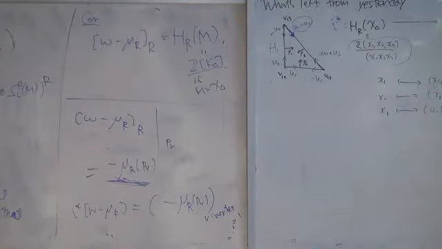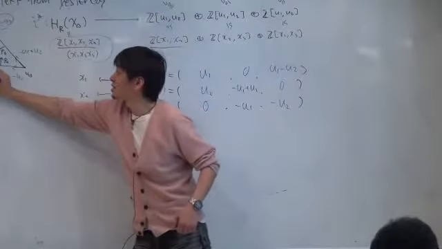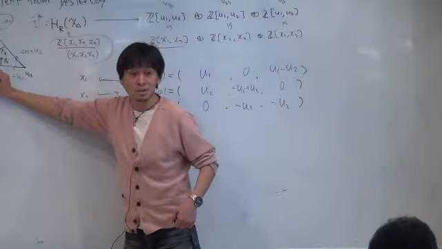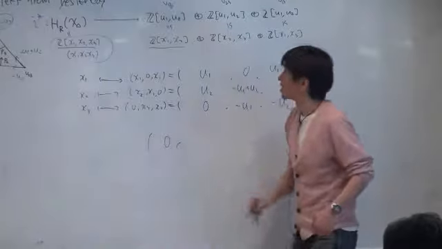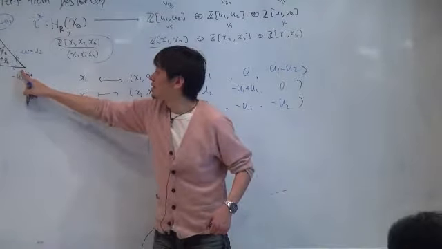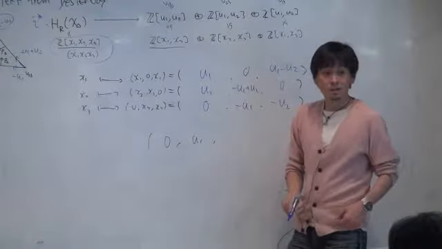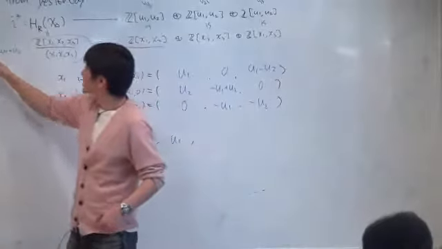So in this case, what do you have, right? It's 0, right? At this vertex, the coordinate is 0, 0, so it corresponds to a constant 0. And here, the coordinate is 1, 0. So that means this is u1, yeah?